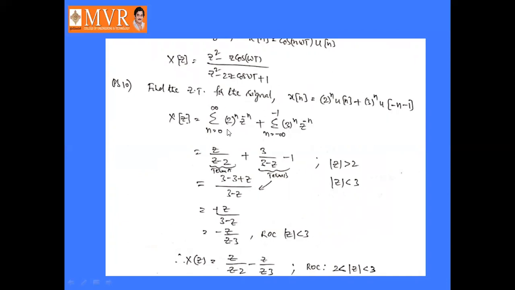For this, this is z by z minus 2, and for this it is z by 3 minus z, or minus z by z minus 3, for ROC mod z is less than 3, and the first is for mod z is greater than 2.